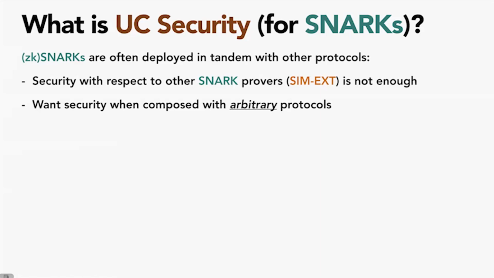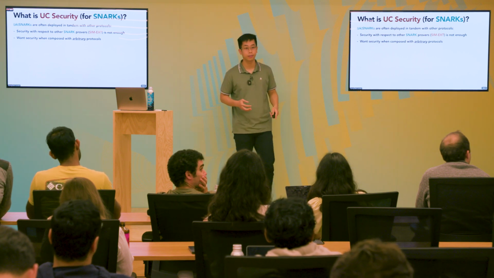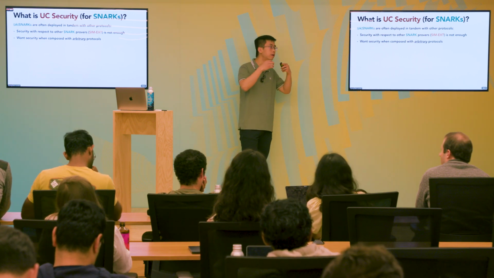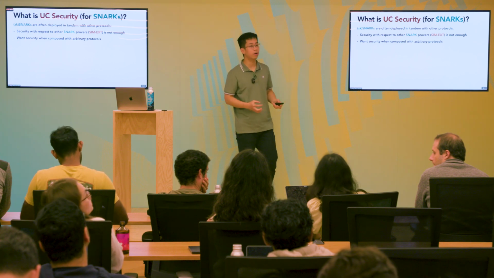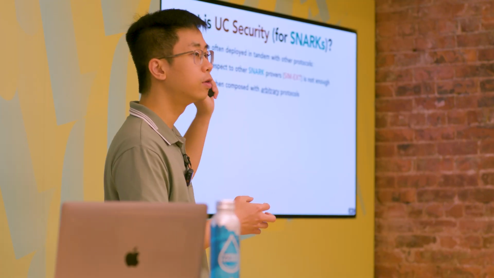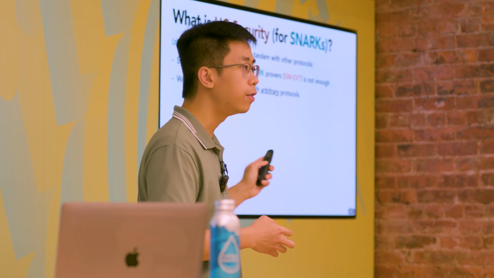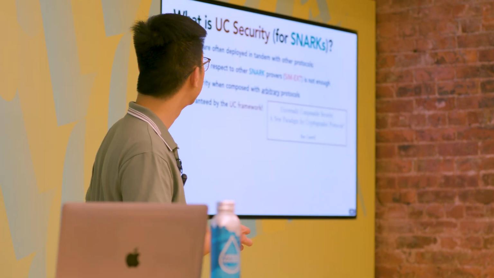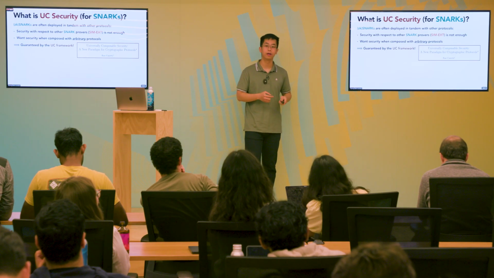You also have to show security when you can see the transcript of many other protocols that are executing alongside it. So you need a very nice theoretical model that can capture composability with respect to arbitrary protocols. And this is exactly the goal that the UC framework is designed to do.